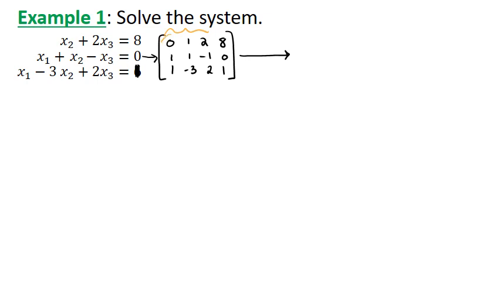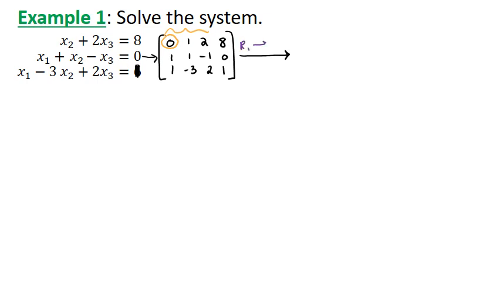Another thing is this entry here can never be 0. The goal is to get that entry to be a 1. So the first thing we want to do is interchange two rows, because I can take the second row and switch it with the first row, and then I will have achieved that goal.